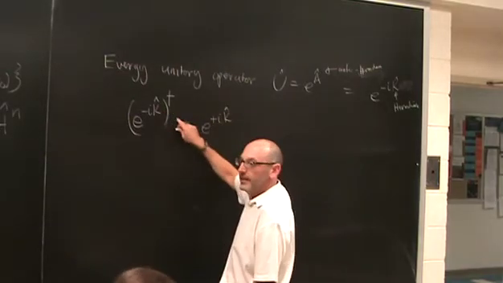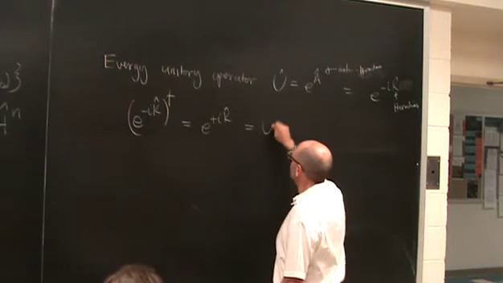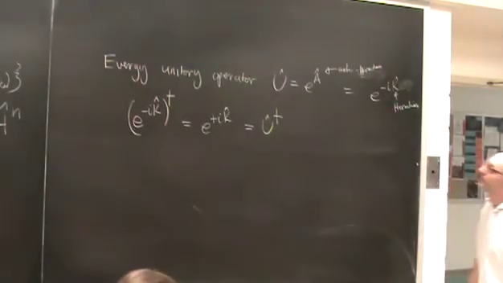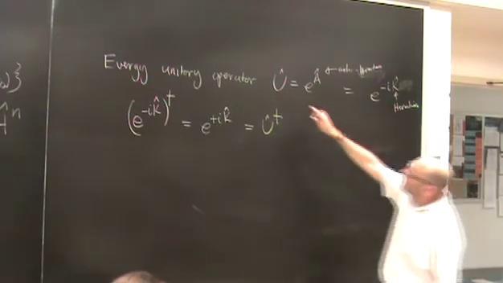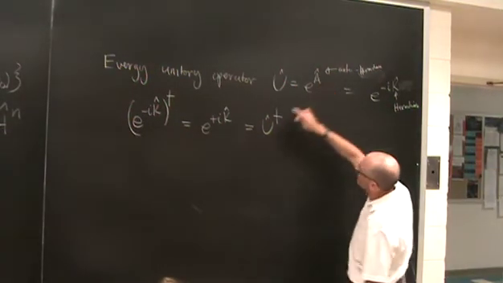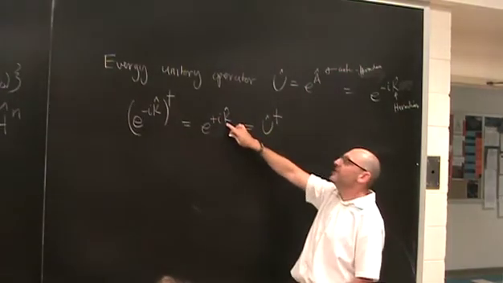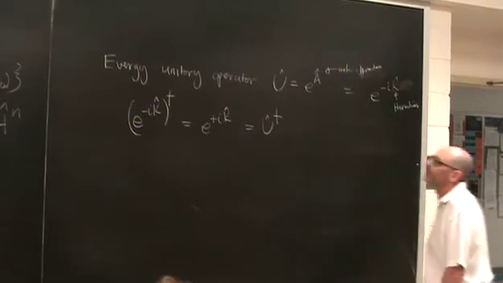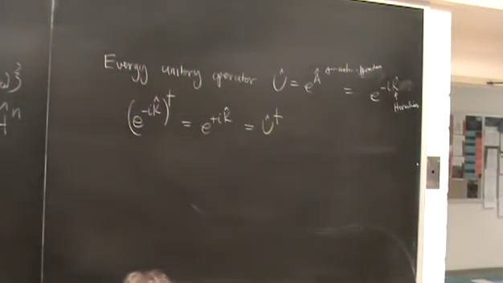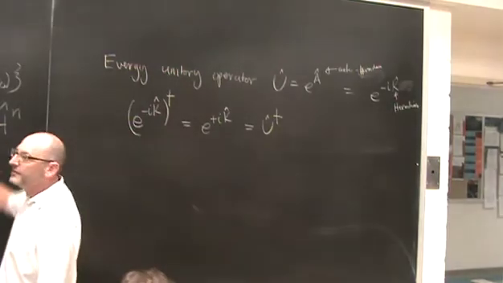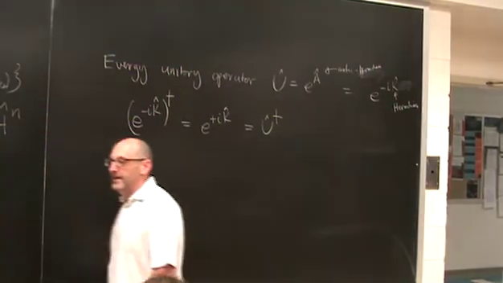Because k dagger is k. And that is u dagger. Okay? So these are my unitary operators, and the things in the exponent are the generators. All right, so now it was alluded to the question, what if H itself is time dependent?